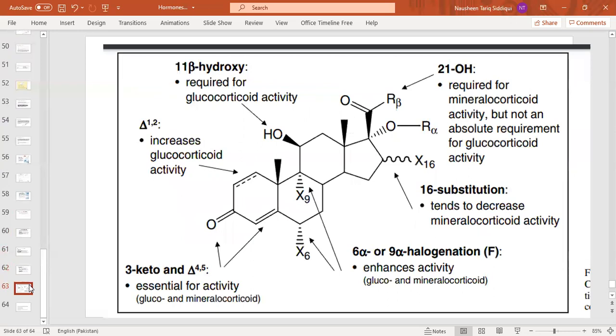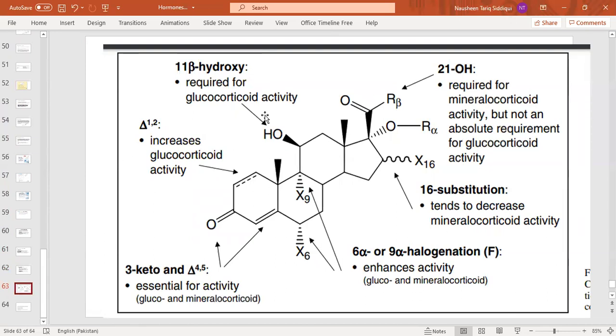For its SAR, you need to understand certain replacements which are done in these positions. For example, the 11 beta hydroxy group is required for glucocorticoid activity.